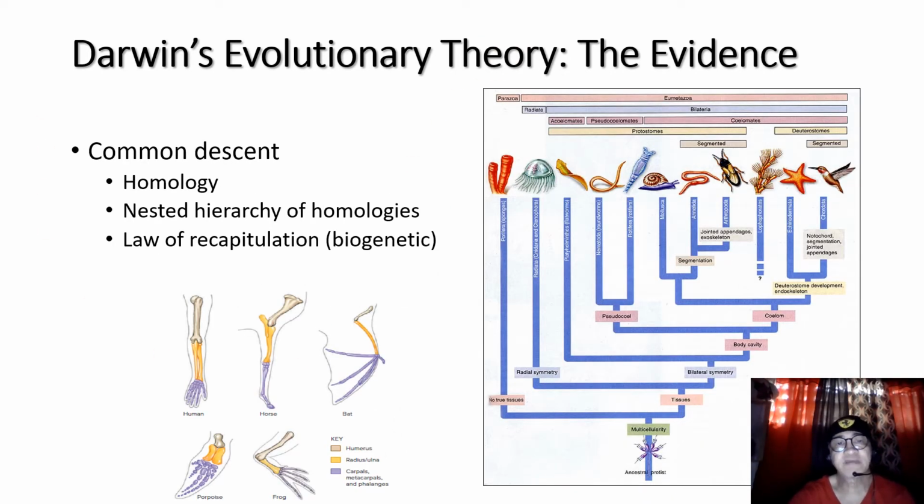Another major statement of Darwin's evolutionary theory was that all organisms have a common descent. Darwin proposed that all organisms descended from an ancestral form. Life's history is depicted as a branching tree called a phylogenetic tree, as shown here, the phylogenetic tree of animals.